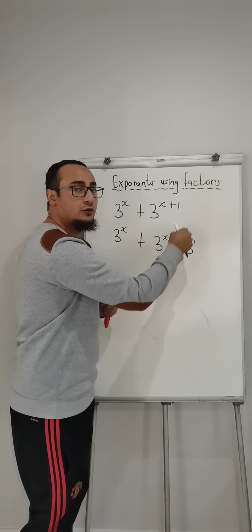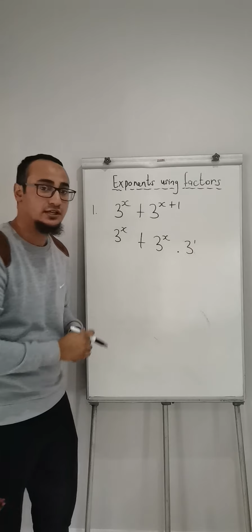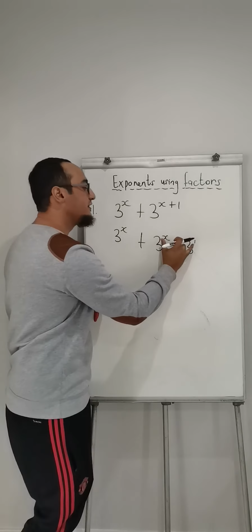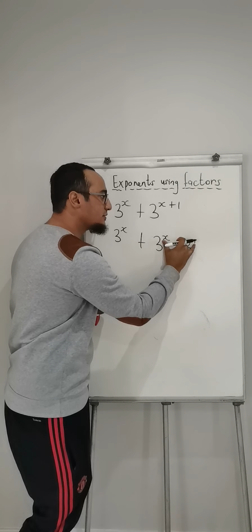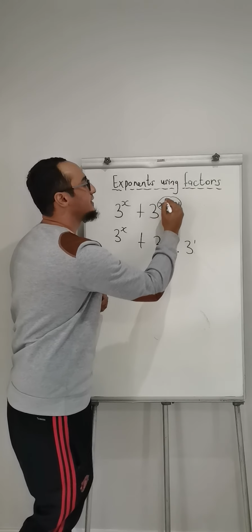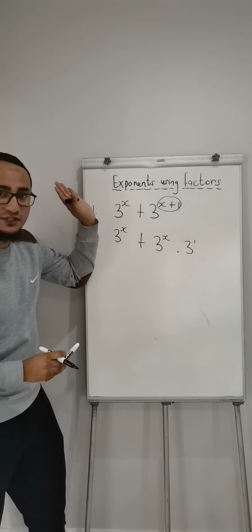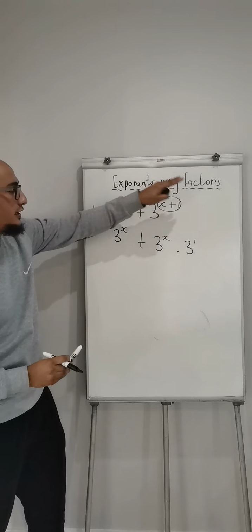It would be 3 to the power of 4 because I'm adding exponents. However, in this example, I need to make it clear that these two are unlike terms and that is why they stay like that.